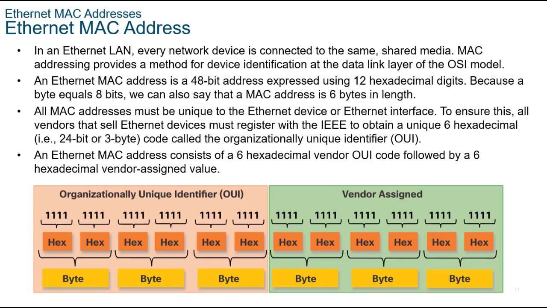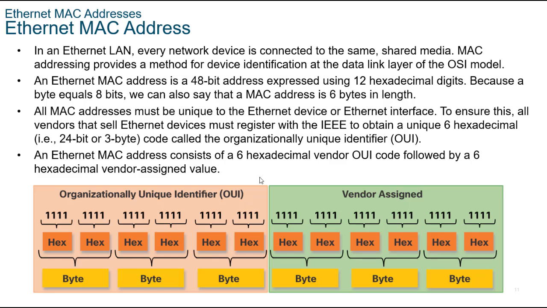To ensure that all MAC addresses are unique to a particular Ethernet device or interface, all Ethernet device vendors must register with the IEEE and obtain a unique 24-bit code known as the Organizationally Unique Identifier, or OUI.